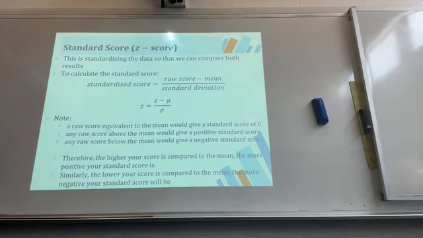If you look at the standard bell-shaped curve, the peak here, that is the mean. So when we standardize the score, x minus mu divided by sigma, it will be 0.